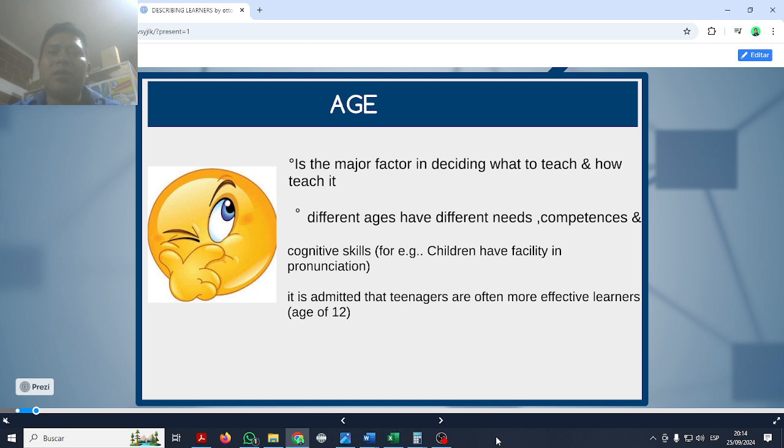The teacher explores some techniques or activities to share with students, but it's very necessary to know the age.